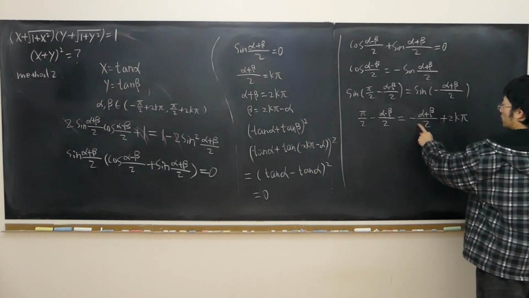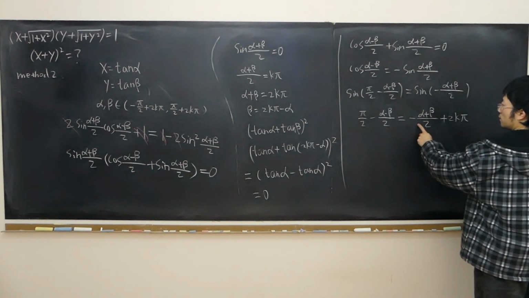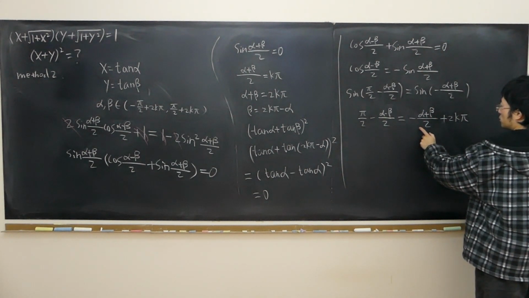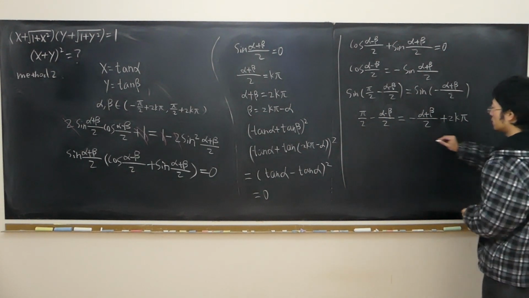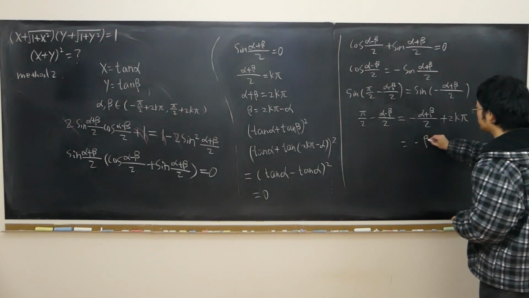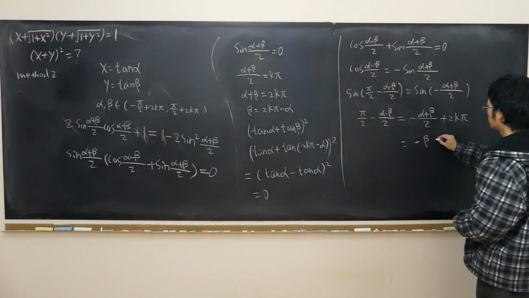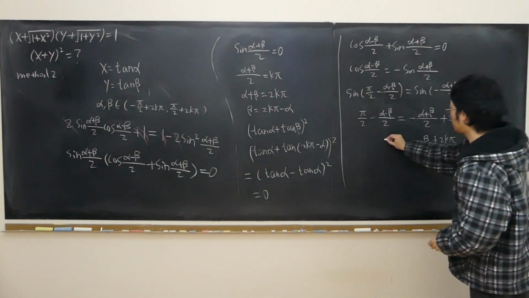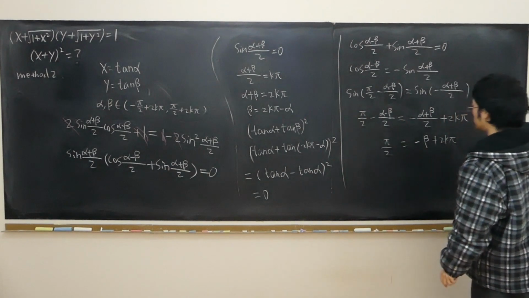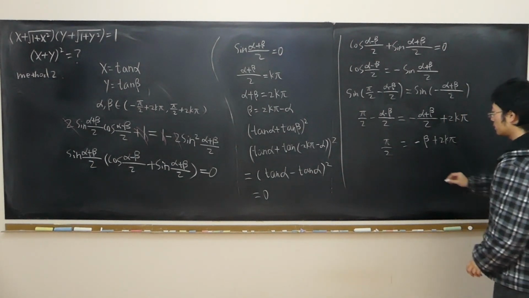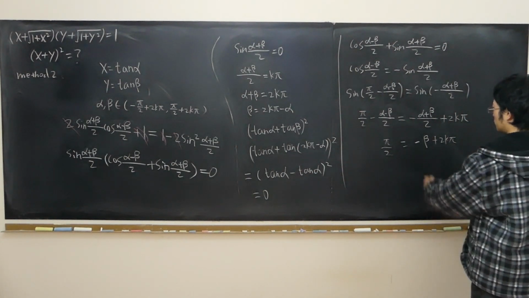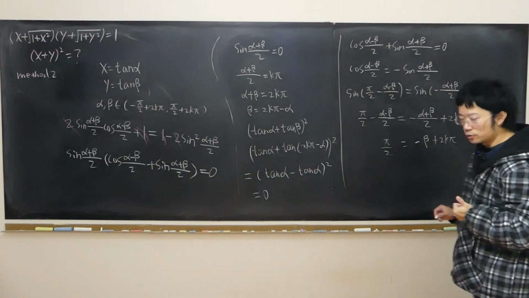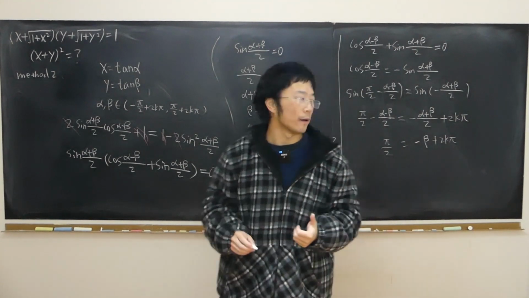Alpha minus alpha becomes 0, and we have minus 2 beta over 2, minus beta, plus 2k pi. There we have a pi over 2. So simply solve for beta. Move this beta over here, move this pi over 2 over there. So beta is equal to minus pi over 2 plus 2k pi.